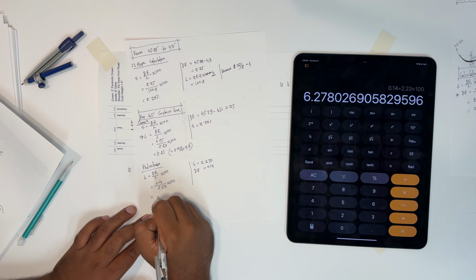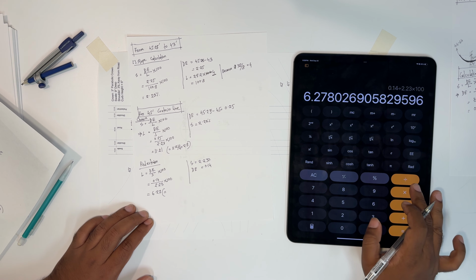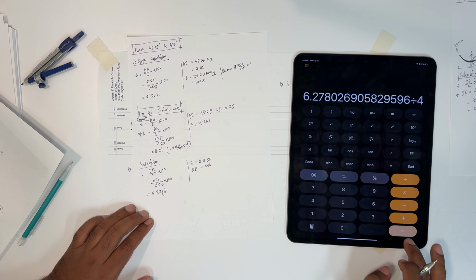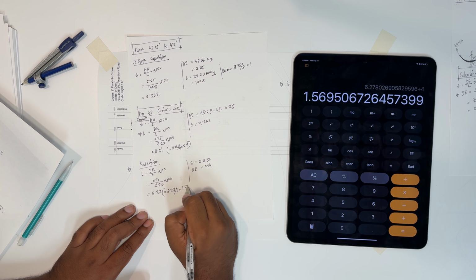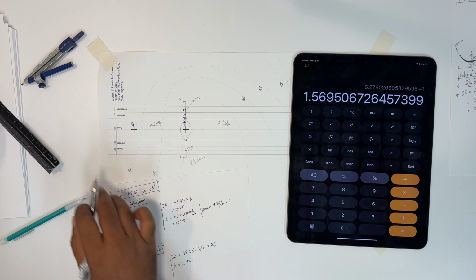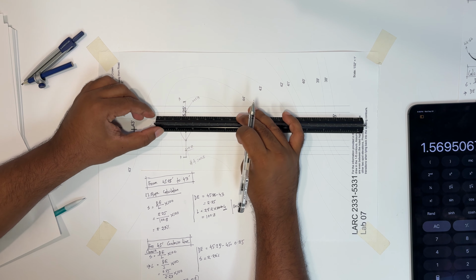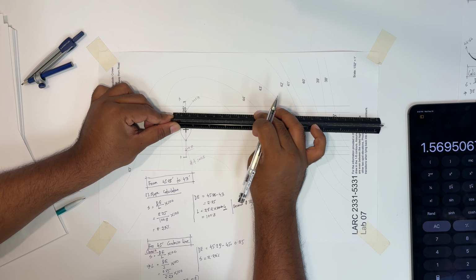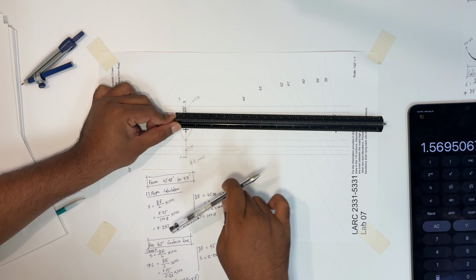So that's 6.27. So let's divide that by 4. So let's draw that. Somewhere over here should be fine.